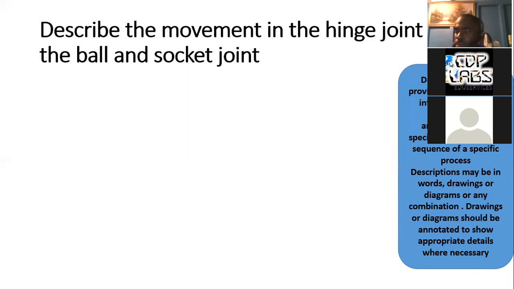Provide detailed factual information of the appearance or arrangement of a specific structure or the sequence of a specific process. Description may be in words, drawings, or diagrams, or any combination. Drawings and diagrams should be annotated to show appropriate details when necessary.